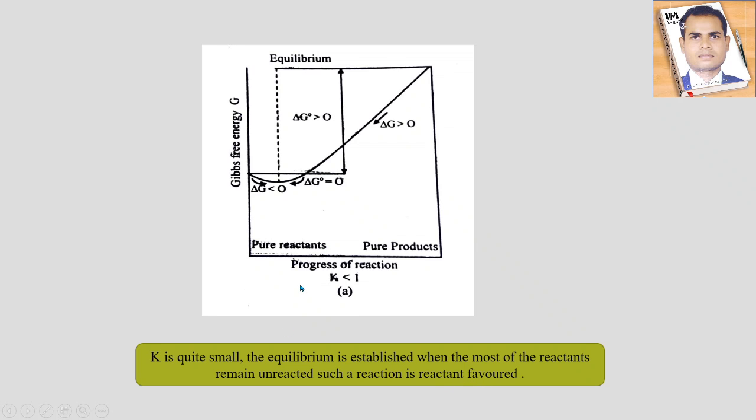And you will see the equilibrium condition is reached here, with unreacted reactant. This is for the first case, and at the equilibrium stage the Gibbs free energy will be 0. So it is the reactant favored condition.